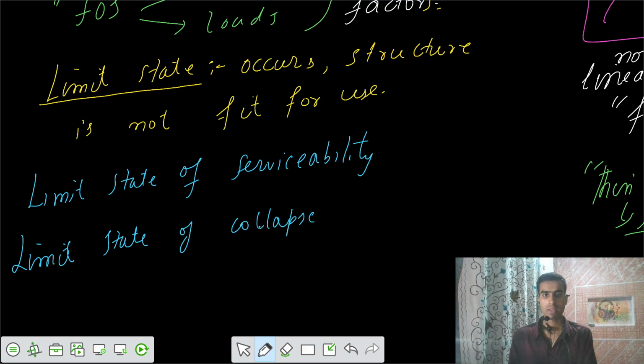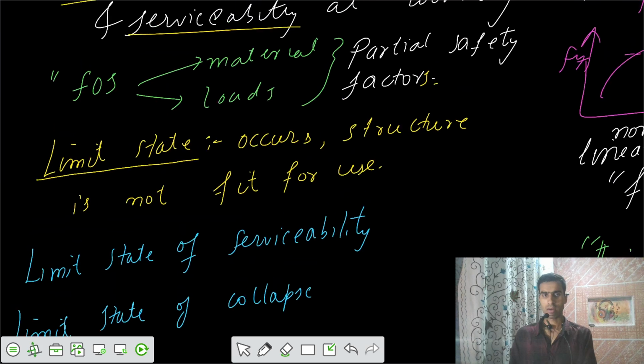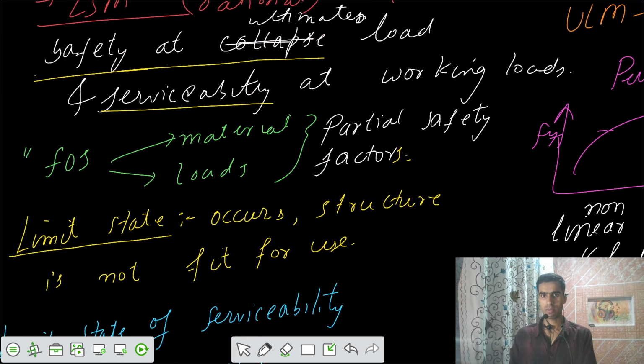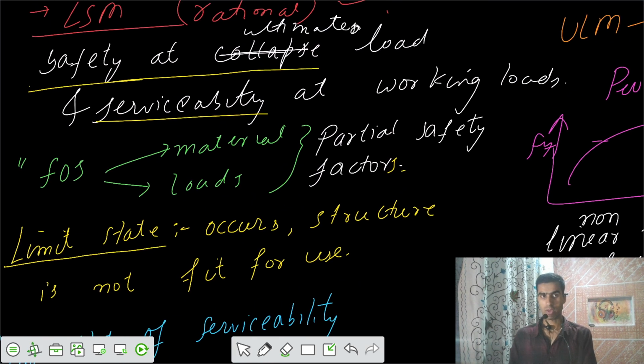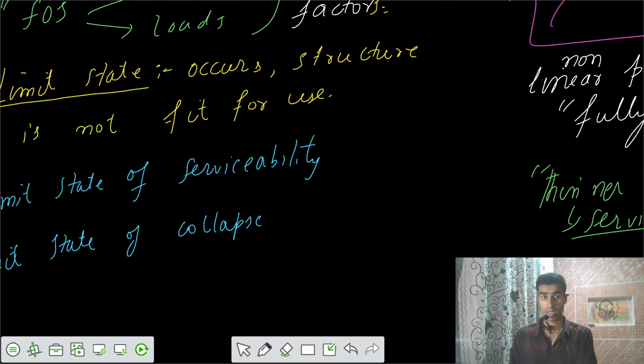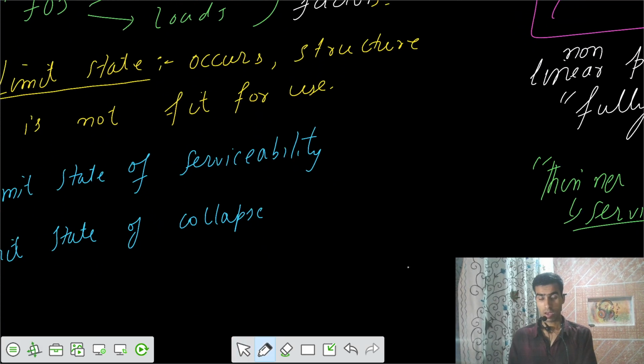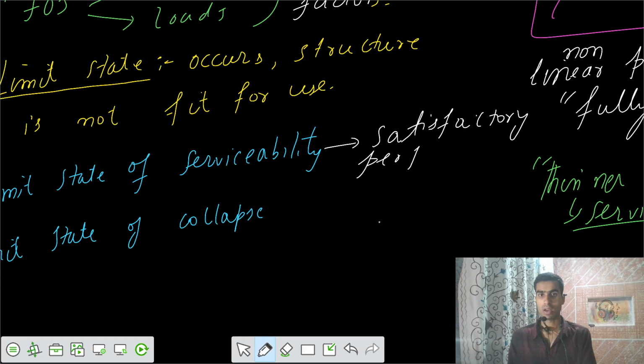This method says that I want serviceability at working loads. That means our structures should be serviceable at working loads. They should give satisfactory performance under working loads.